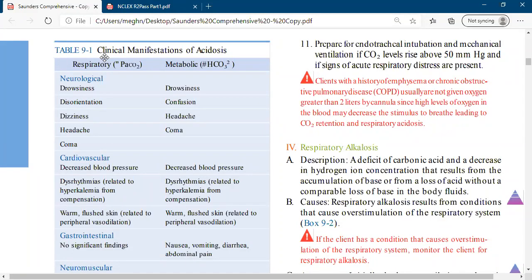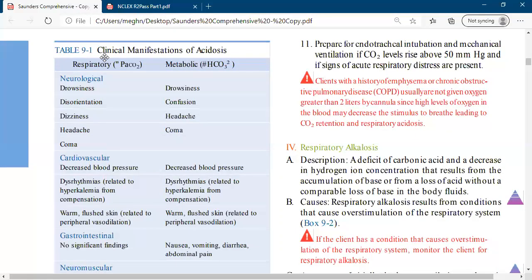So there is a relationship between the GI and liver system, because the GIT is not only the alimentary tract; we have some associated glands that help in digestion. These associated glands are the liver, pancreas and gallbladder, all part of the gastrointestinal system.